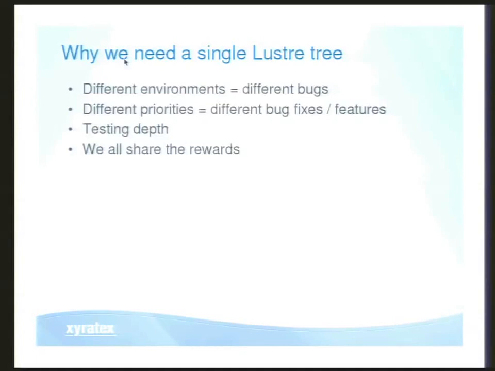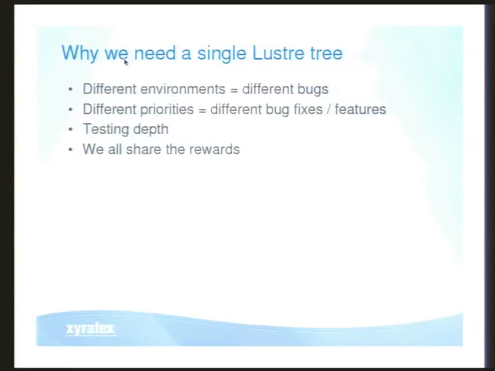Different institutions have different priorities on both these bugs and on features that they want. Because Lustre is open source, we can all work on what we want, contribute it back to a single tree, and we all get to use all these fine new features. The third point is that if everyone's working from the same tree, we get a well-tested tree. If everyone has different branches, everyone's testing their own branches, presumably, then there's less testing on a unified tree.